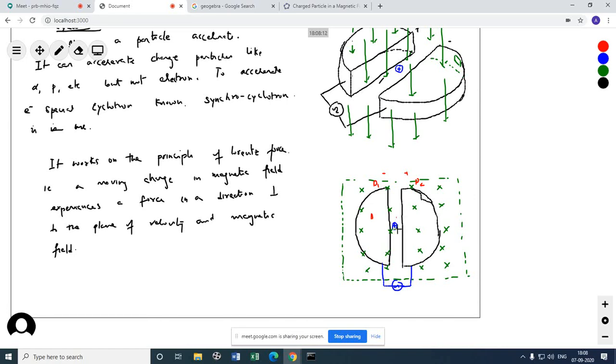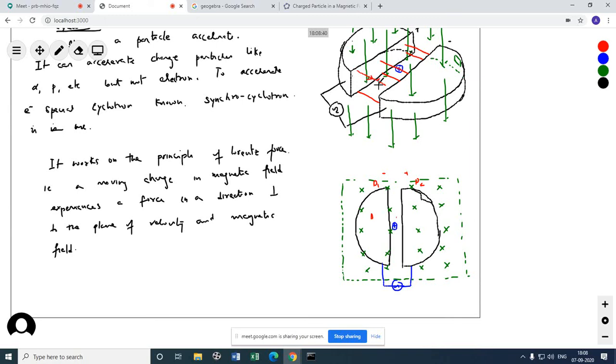So D1 being negative, it will get what? Notice that there is a positive and negative voltage between the two Ds. That means there exists an electric field between these two Ds.